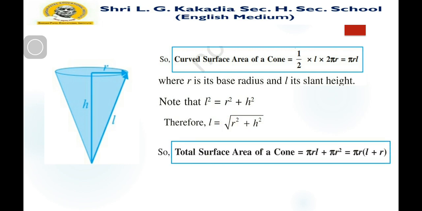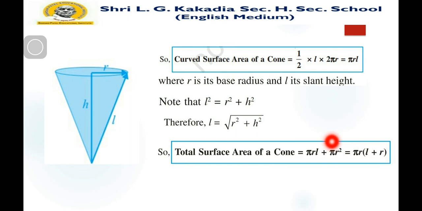Now about the total surface area of a cone: what is the total surface area? It is the surface area of the curved face and its base. We know that the curved surface area of the cone is pi r L, and the base is a circle, so the area of the circle is pi r square.